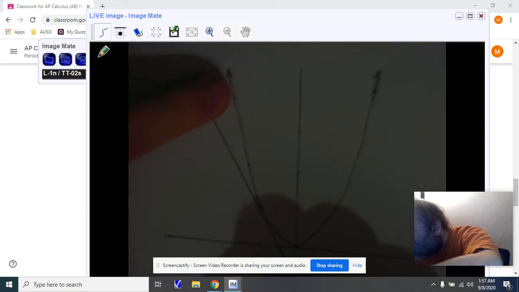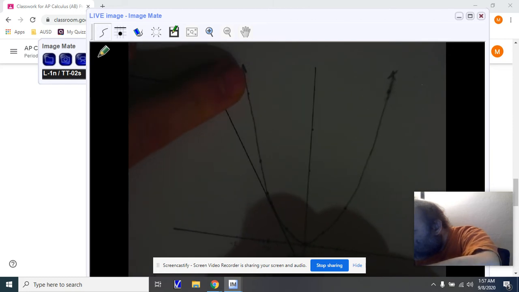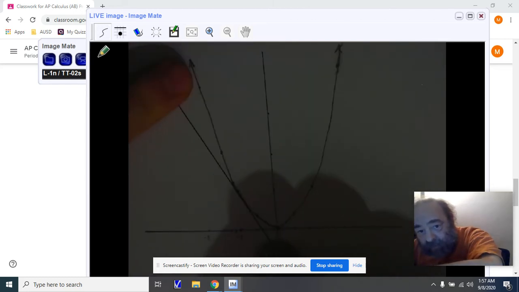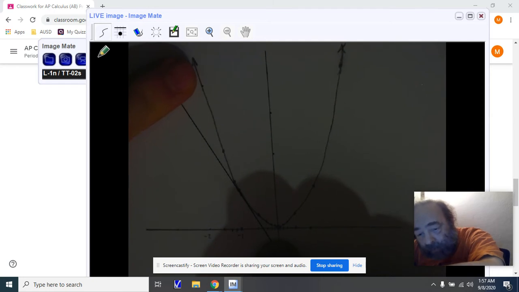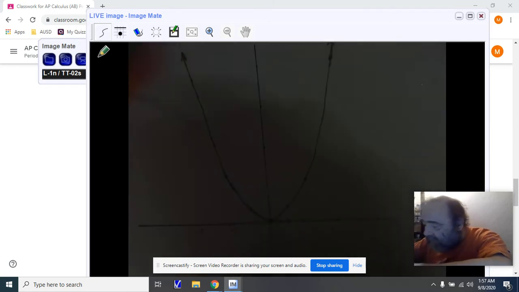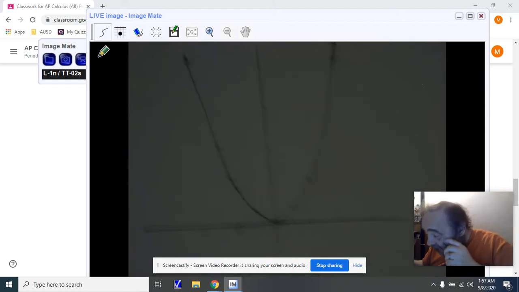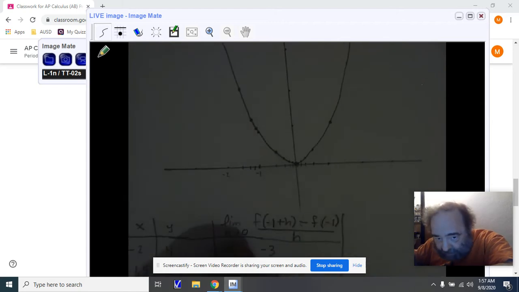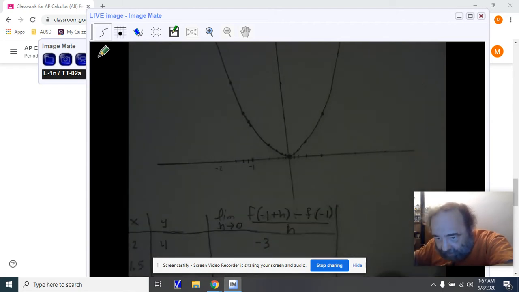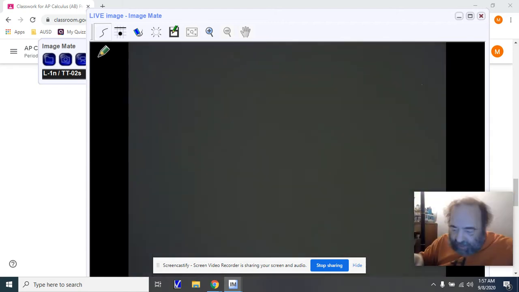That tangent line, as you can see, is going to have a rise over a run, or a slope. That's what the difference quotient finds. The difference quotient as a limit finds the slope of a tangent line. We call the slope of a tangent line a derivative.